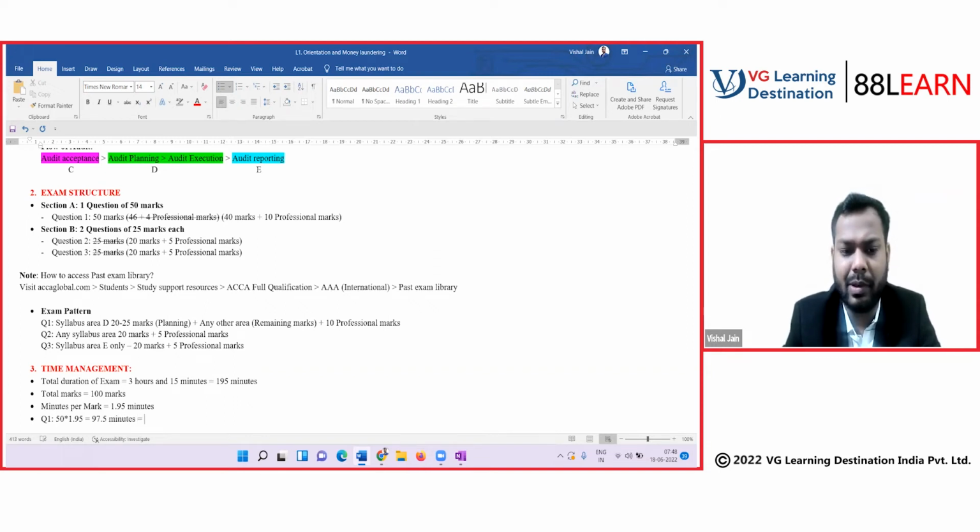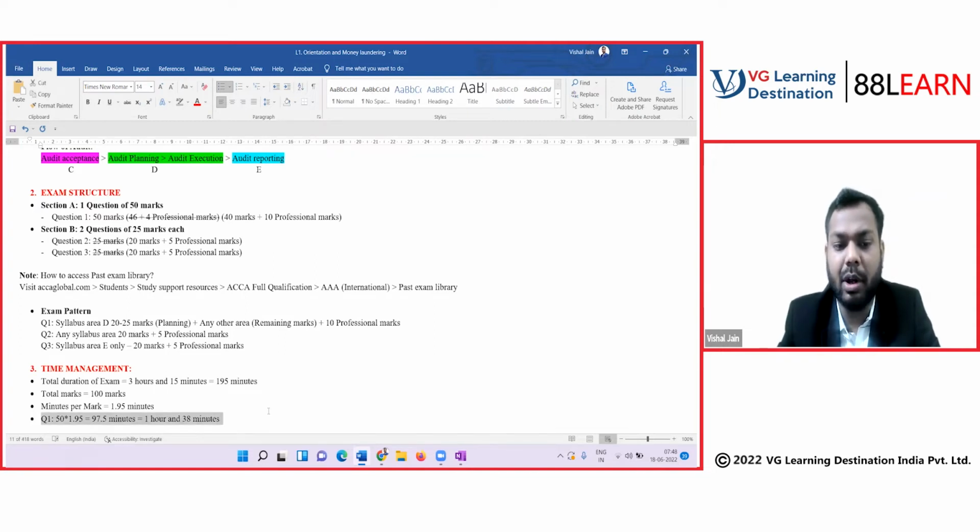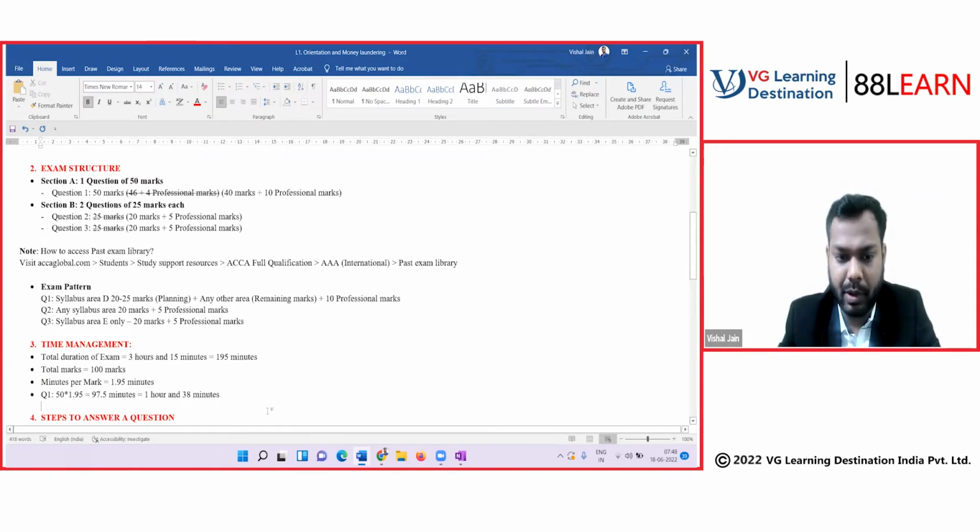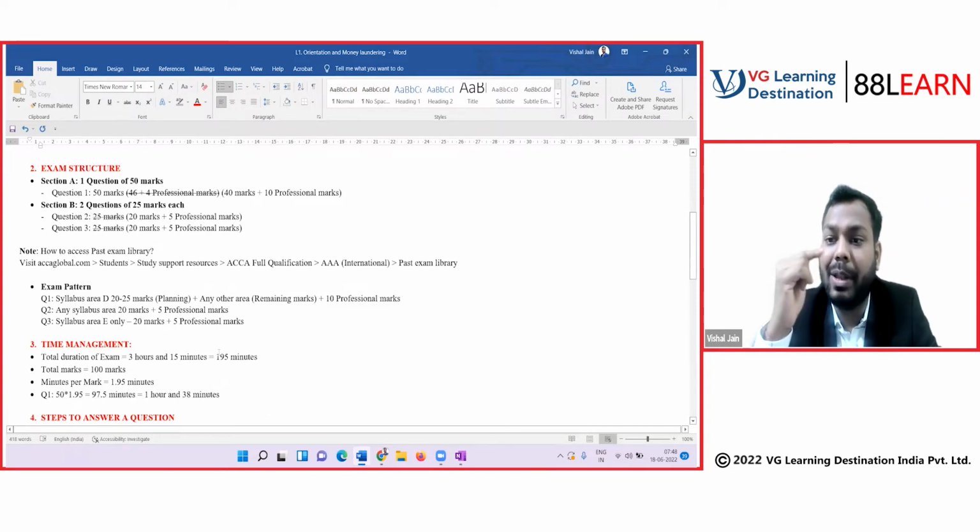That comes in the range of 1 hour and 38 minutes, right? That's the total duration that you have to spend on question number 1. But I will recommend you, do not treat it as 3 hours 15 minutes. Always treat it as 3 hours. Why? Because if you complete the paper in 3 hours, you will get 15 minutes to revise the paper, right?